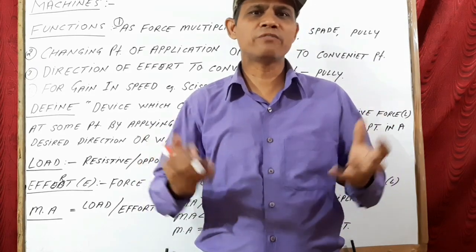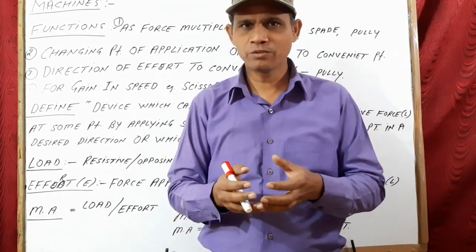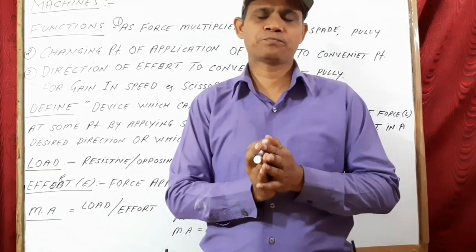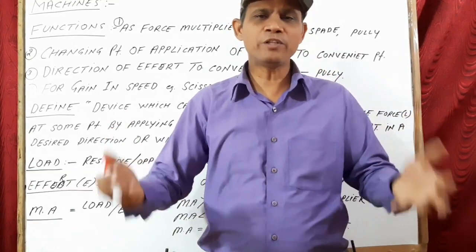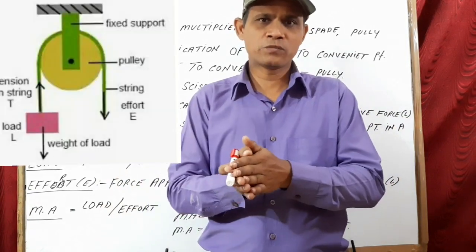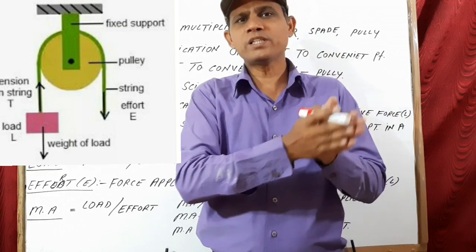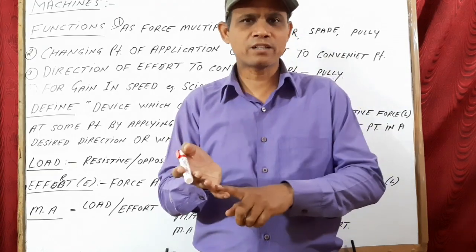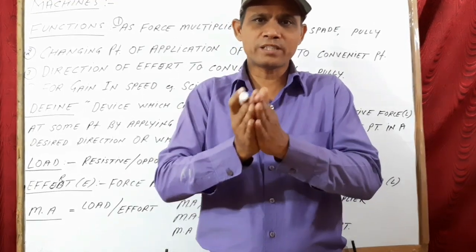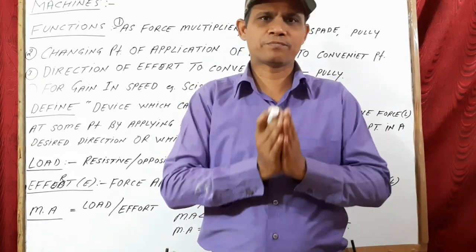Similarly, if you have a very heavy stone, then what do you do? You can move it with the help of a crowbar. If you have a very heavy load, you can lift it with the help of a pulley. So in all these cases, whether it is a jack, a crowbar, or a pulley, all these things are machines.